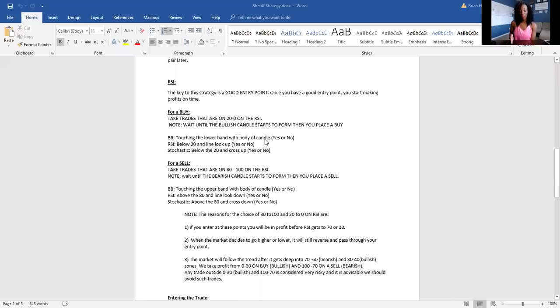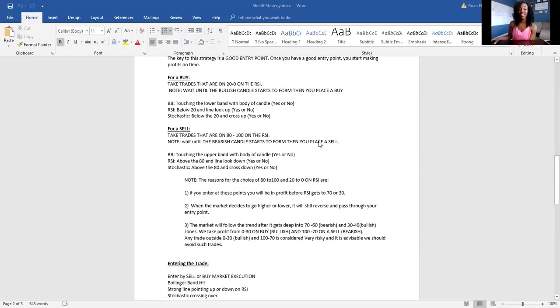But if you're looking 3 candles back and they're, for example, red candles, you want to make sure those candles are pushing through the Bollinger Band. Next, the RSI. Is it below 20 and the line is looking up? Yes or no? So that's what we just went through. And also your stochastic. If they call a buy, is the stochastic below the 20 and crossing up? Yes or no? If you answer any one of these no, then you do not take the trade. If you take the trade, you just have to know that you won't have the best entry. You'll probably be in that trade for a little bit longer, and you need to just follow the rules.